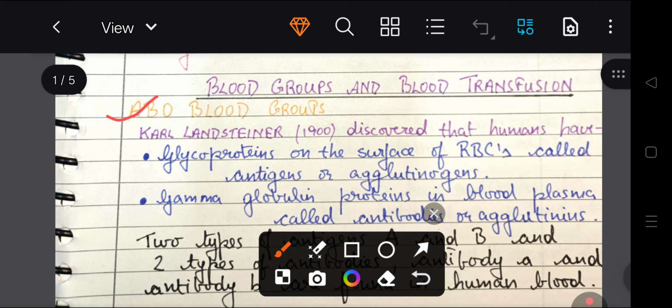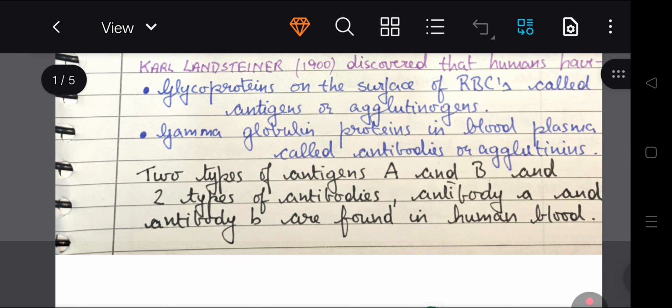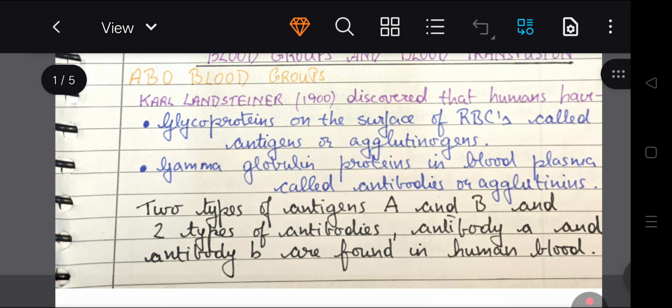Scientist Karl Landsteiner in 1900 discovered that humans have glycoproteins on the surface of RBCs called antigens or agglutinogens. Gamma globulin proteins in blood plasma called antibodies or agglutinins.